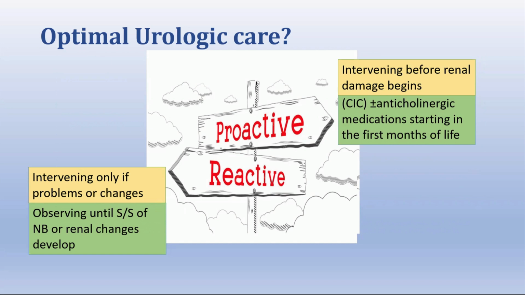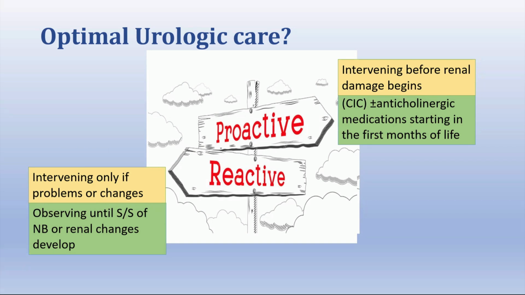The proactive approach is based on the premise that most patients with spina bifida are born with normal kidney function. Only 5 to 10% of them have dysfunction right at birth. So any subsequent deterioration should be considered preventable, and thus a more aggressive approach would prevent or delay the upper tract and the bladder damage, and theoretically would decrease the chance of augmentation and the eventual surgeries that are required.